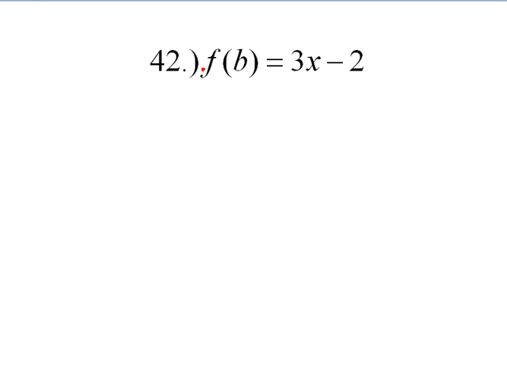Okay. The function of b for 3x minus 2. All right. Now we don't have a number, but we still put in that value b. So that is the answer.